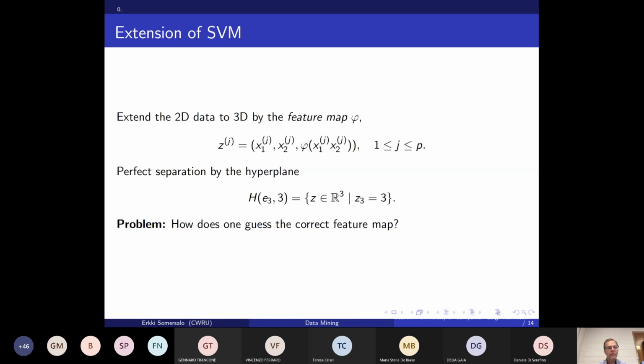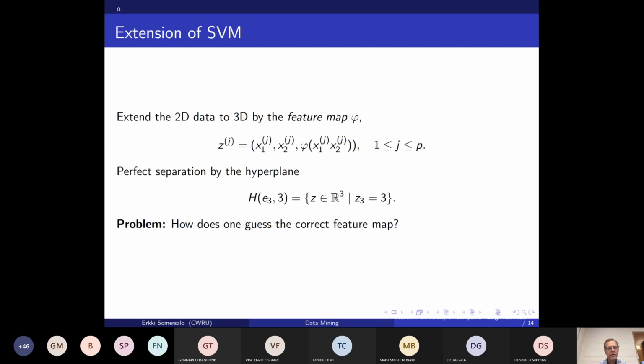And so now I have a perfect separation by the hyperplane, which in the previous picture was this green plane. That means I take the plane for which the third component equals 3, and that plane perfectly divides my data in two sets, and I have a perfect classifier here.